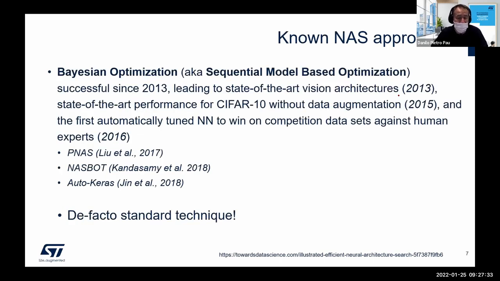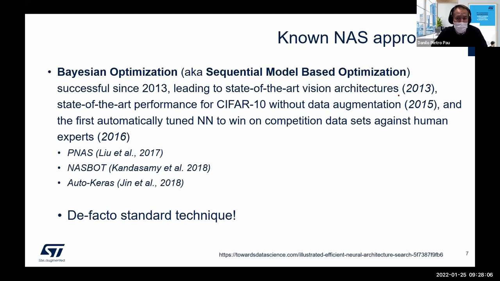However, the de facto standard and the best-known approach, which has been demonstrated for about 9 years on different tasks, is Bayesian optimization, also known as sequential model-based optimization. This achieved very good performances on a number of open data sets, and since 2016, also beat competition sets by human experts.